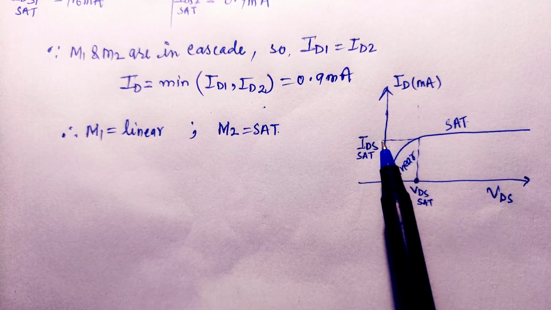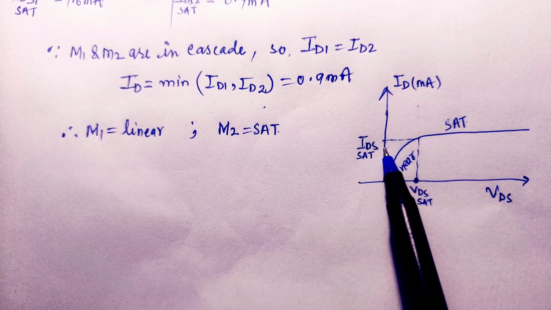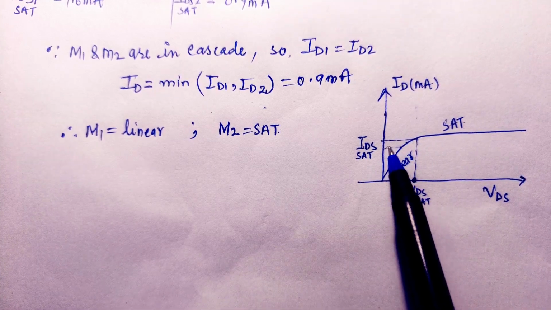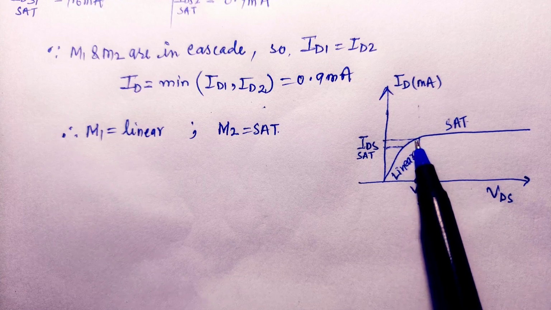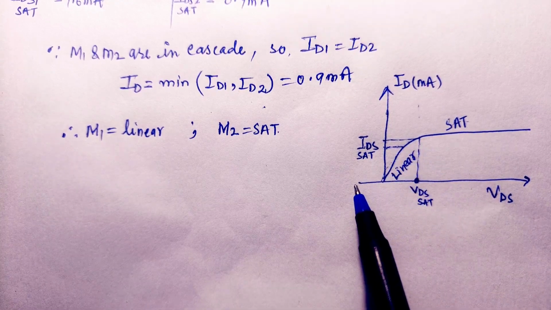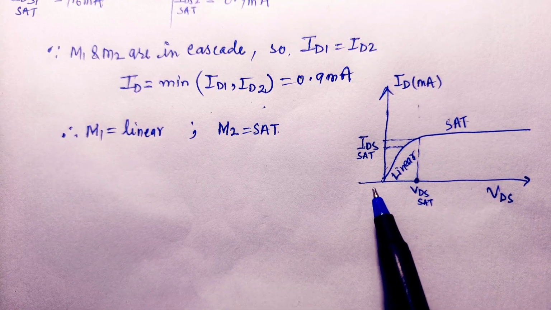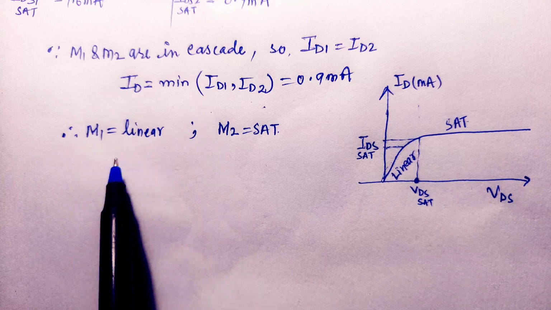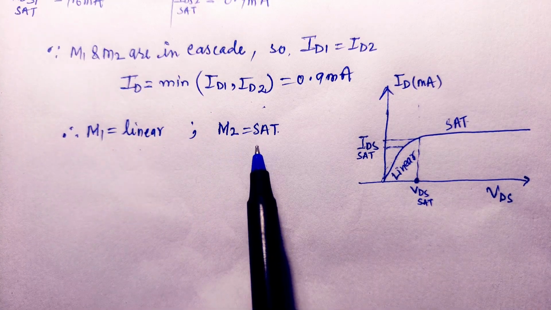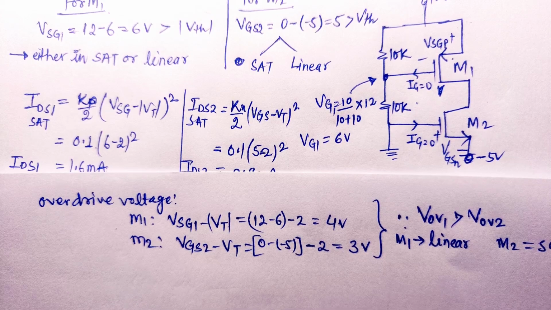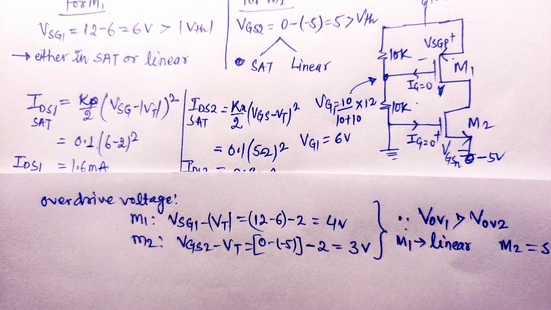Saturation current value of ID is this, and we have less current flowing through this transistor, so our transistor will work in linear region. So we can say from this interpretation that M1 will work in linear region and M2 will work in saturation region. Let us see another method to find out the region of operation.